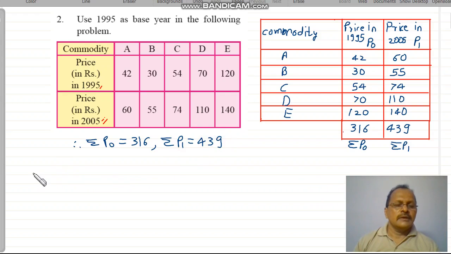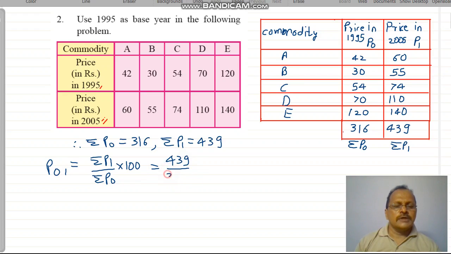439, and the price index number for the year 2005 with respect to the year 1995 is summation P1 upon summation P naught into 100. It is equal to 439 upon 316 multiplied by 100.